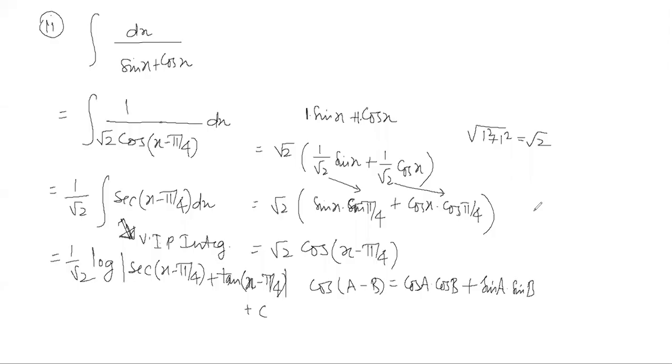Okay, I'm going to the next problem, question number 12. It says find the integration of sec x upon b plus a tan x. What we do is write sec and tan in terms of sine and cos.